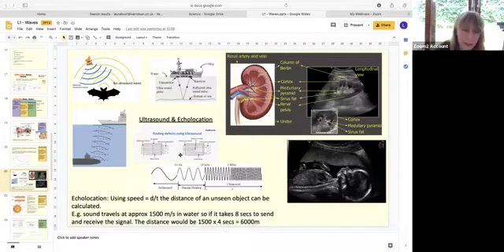If we look at this information, sound travels at approximately 1500 meters per second in water, much faster than in air, at 330. It takes 8 seconds to send and receive the signal, so you'd have to halve that: 4 seconds down, 4 seconds back. We could work out the depth: 1500 times 4 equals 6000 meters.